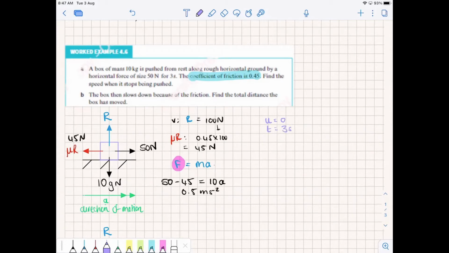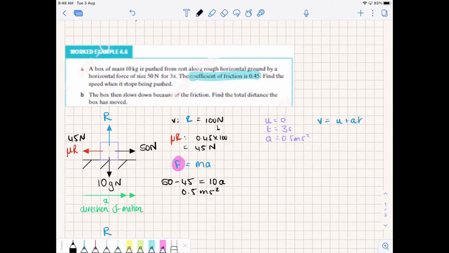How was I pushing it? Well, I was pushing it with an acceleration of 0.5 meters per second squared. And so now I can calculate the motion of this object in those 3 seconds. The variable I want to solve for is final velocity, so I can use v equals u plus at.